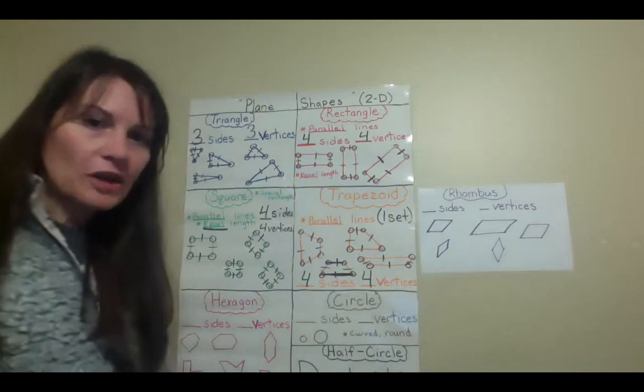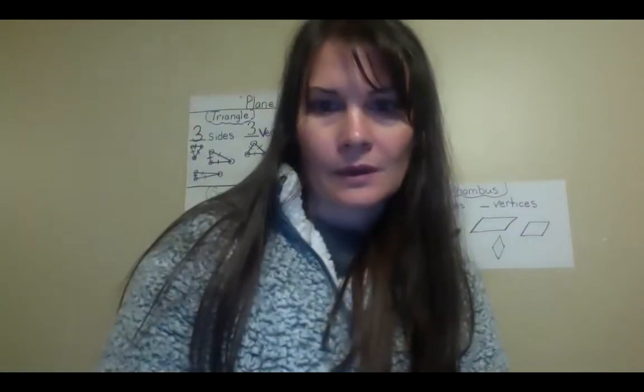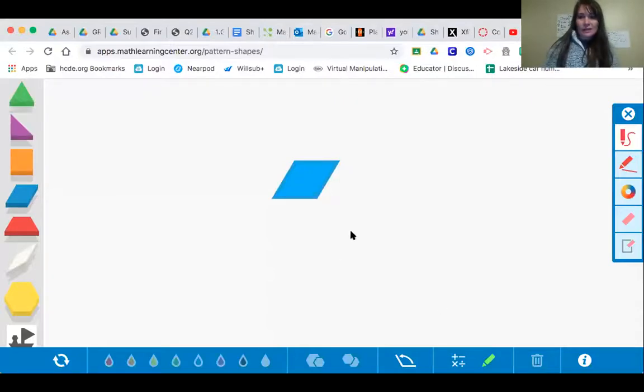Let's look at our next shape. Our next shape is the rhombus. Let's look and see what is special about this rhombus. We also know that it could be called a diamond. How many sides does this rhombus have?